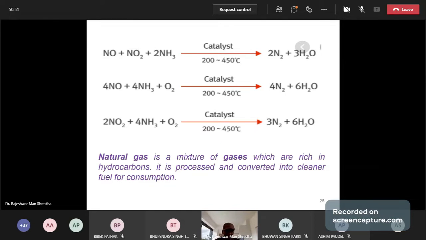So the main function of a catalytic converter is to convert more harmful to less harmful gases. So every industry should manage the fitting of a catalytic converter, and all vehicles and automobiles should fit the catalytic converter. That will ensure less emission.